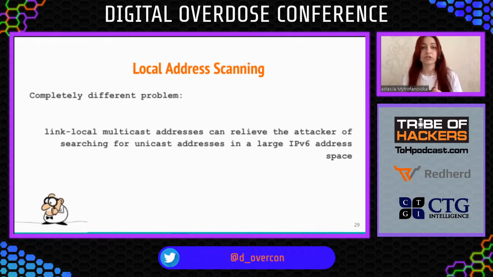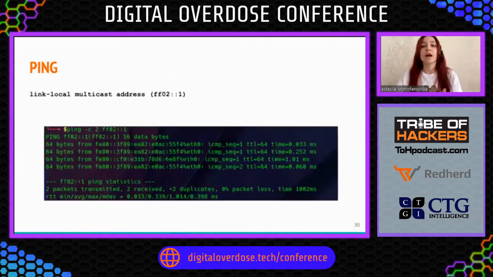Local address scanning. IPv6 address scanning in local networks could be considered to some extent a completely different problem from scanning a remote IPv6 network. The main difference is that the use of link local multicast addresses can actually relieve the attacker of searching for unicast addresses in large IPv6 address space.